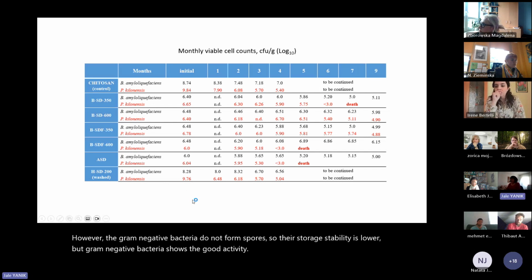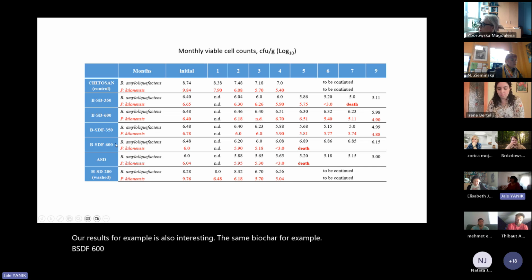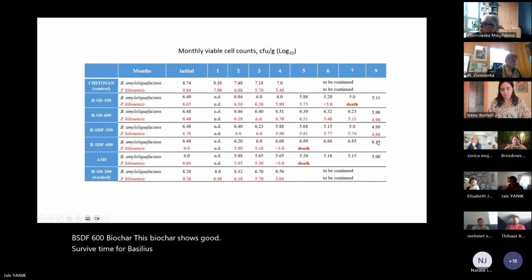Our results are also interesting. The same biochar, for example, BSDF 600 biochar, shows good survival time for Bacillus bacteria, but not for Kilonensis bacteria. After about 3 months, all the bacteria died.